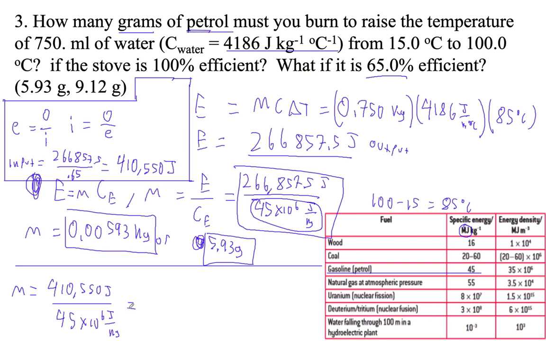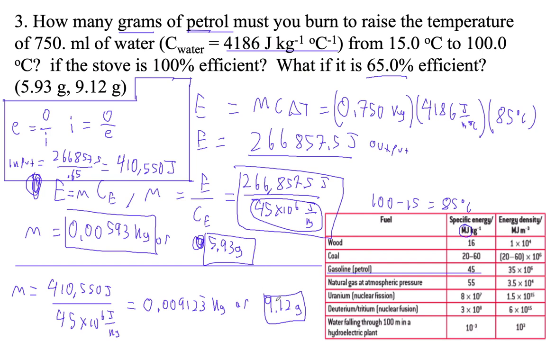So that divided by 45E6 is 0.009123 and that's kilograms, or it's 9.12 grams. Ta-da!